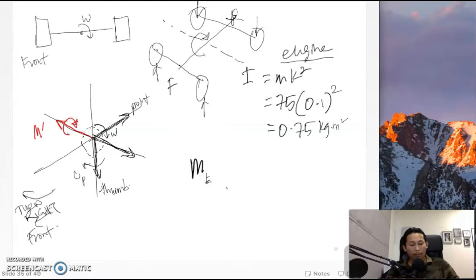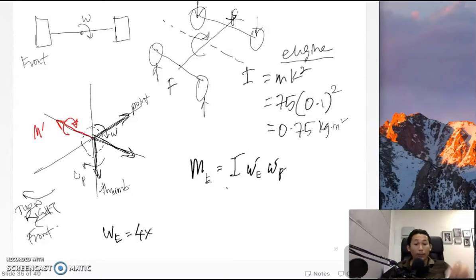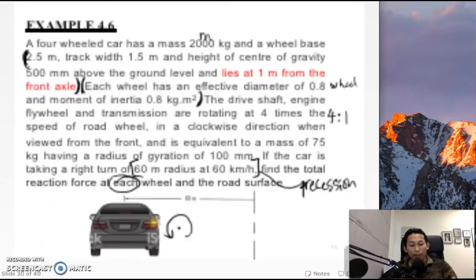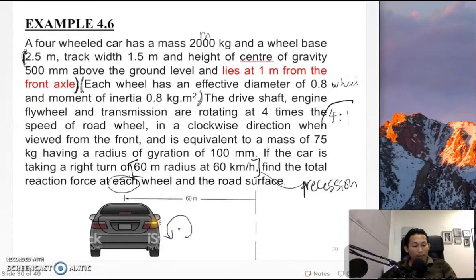M for the engine and all is equal to I omega E omega P. So we have our omega E and omega P. Omega E is 4 times that of the wheels. We have the ratio here from the question: the transmission rotates 4 times the speed of the wheel.